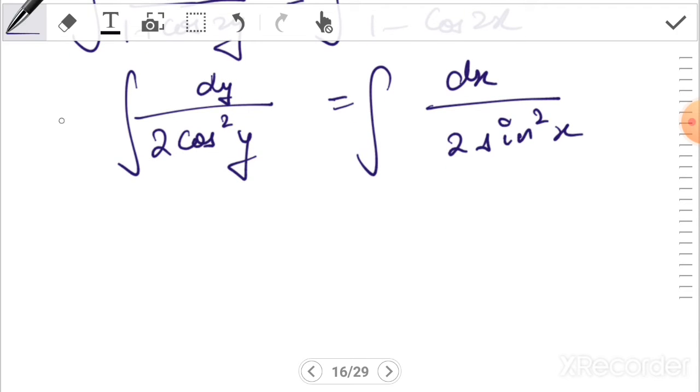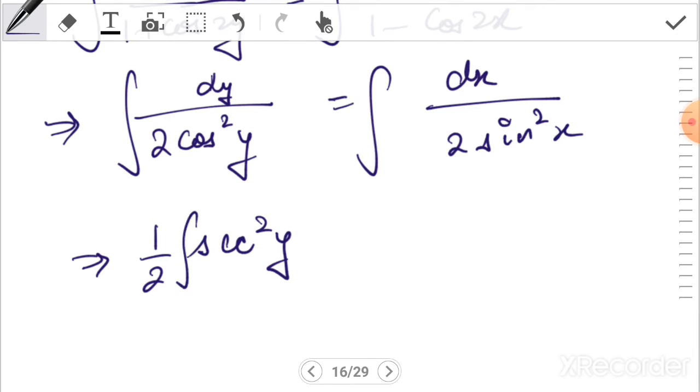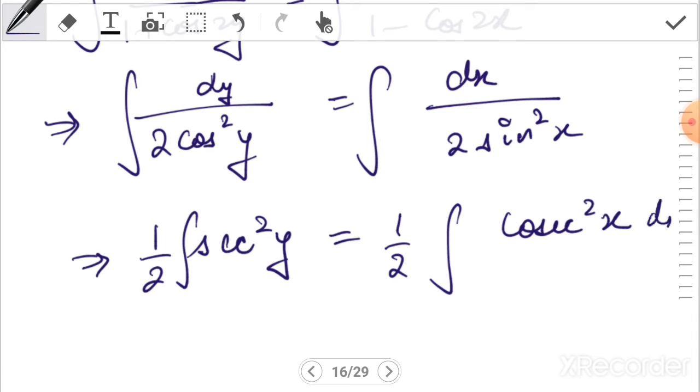Now integrating on both sides, we have integral sec square y integral cosec square x dx.